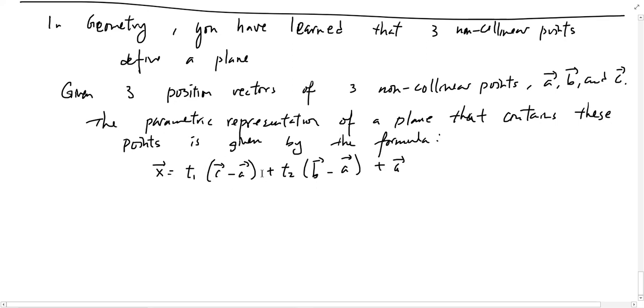Vector C minus vector A gives us the direction vector from A to C. Vector B minus vector A gives me the direction vector from A to B. And so if we start at A and go to both B and C, I will have the 2 direction vectors as well as the position vector A. That's how I write the parametric representation of a plane.